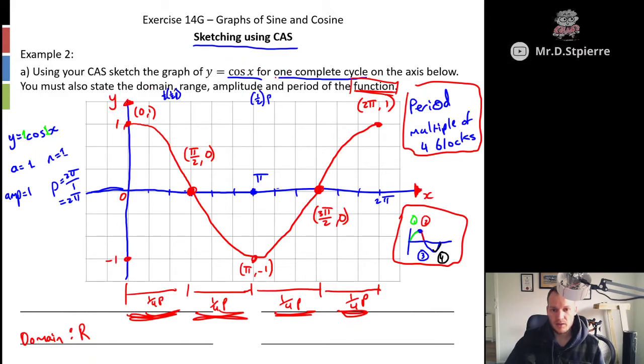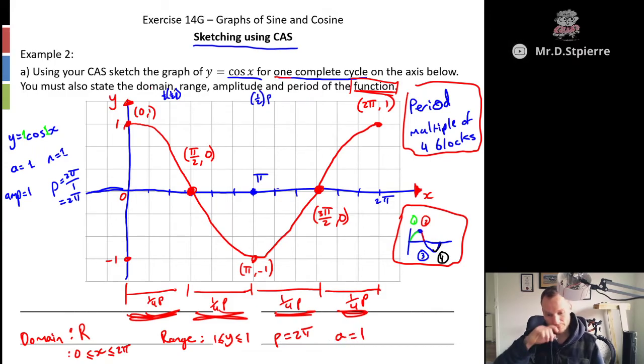But the fact that it says one complete cycle, we can also say that x is between 0 and 2 pi, one complete cycle. The range: y is between -1 and +1. The period is equal to 2 pi, and the amplitude is equal to 1. And that's a sketch of the graph done.